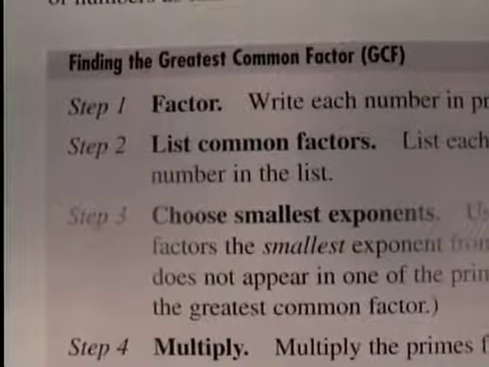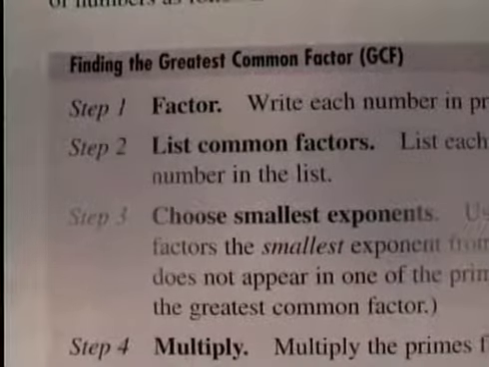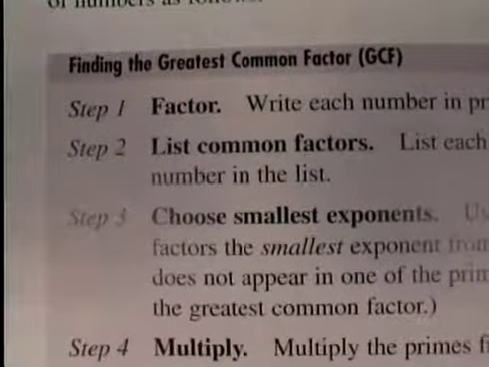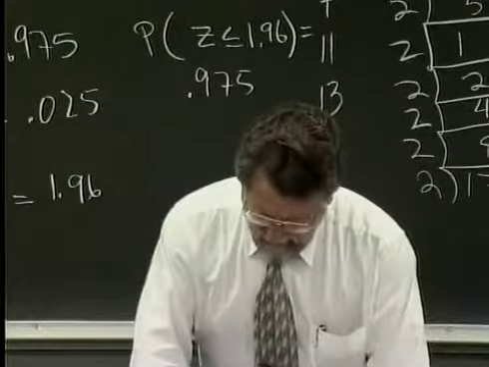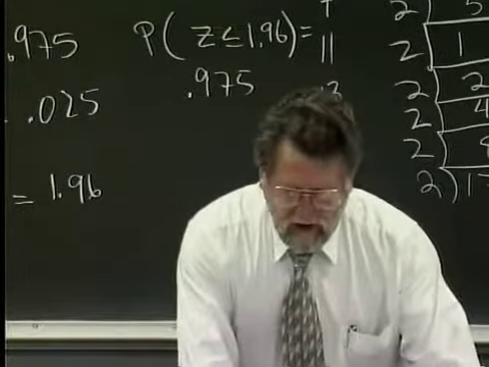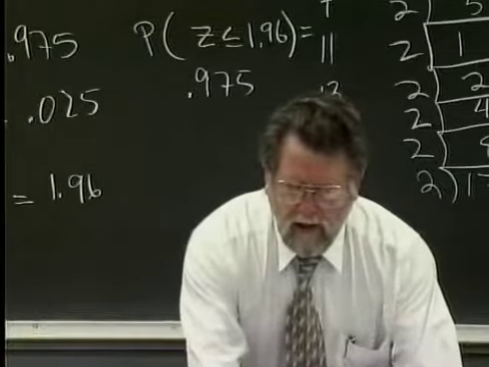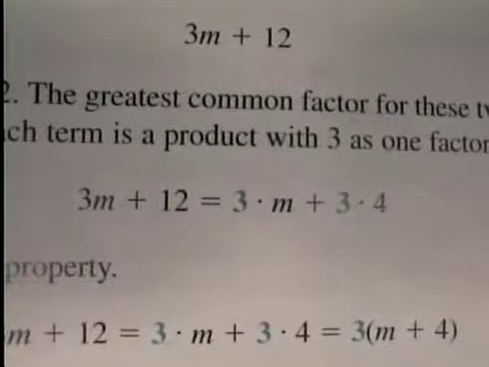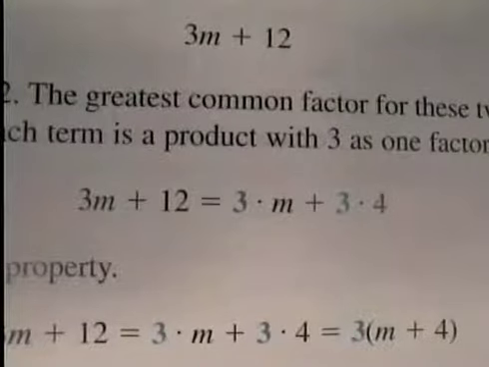And of course the idea is to try to list the common factors, and an example of such a problem is illustrated right here, where you have 3m plus 12. Now, it's certainly true that you can factor 12 into 3 times 4 and 3 times m for 3m, but there isn't anything that really dictates to you 3 and 4 more than 2 and 6.